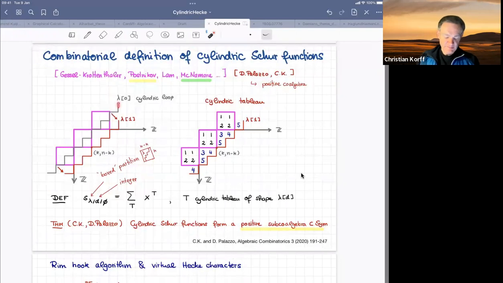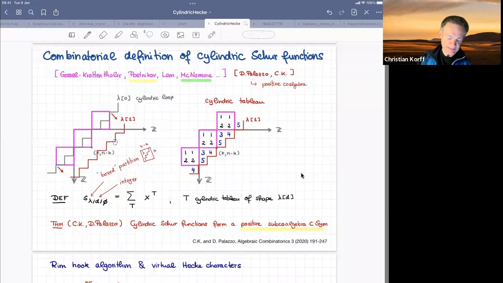This gives me the outline, which I have drawn here in gray, and this is what is called a cylindric loop. On this cylindric loop, you can define an action of the affine symmetric group. In particular, the affine symmetric group also has certain translations acting, and these translations shift these cylindric loops in the plane.